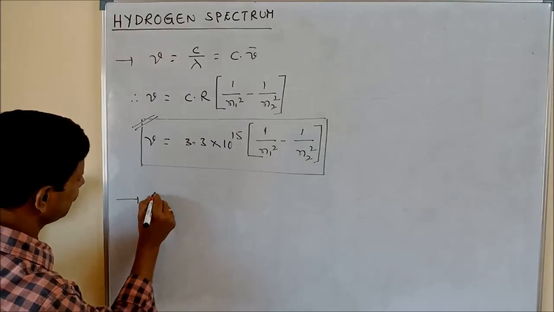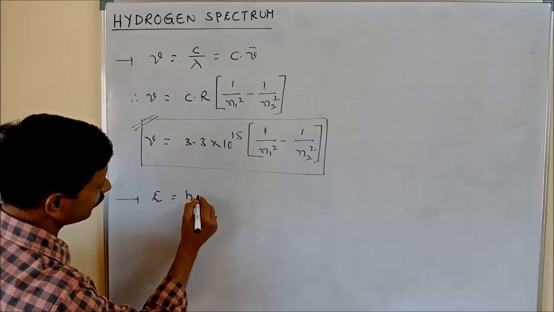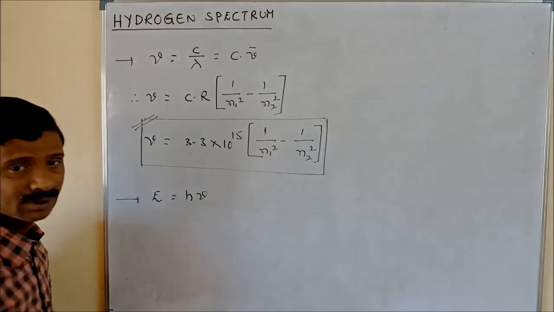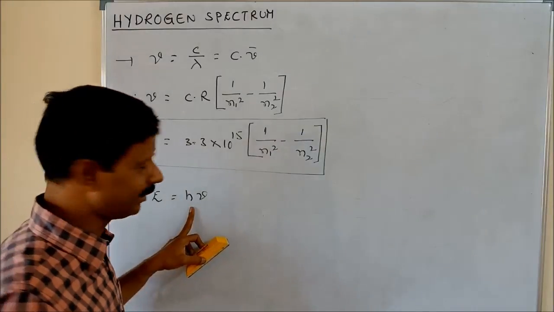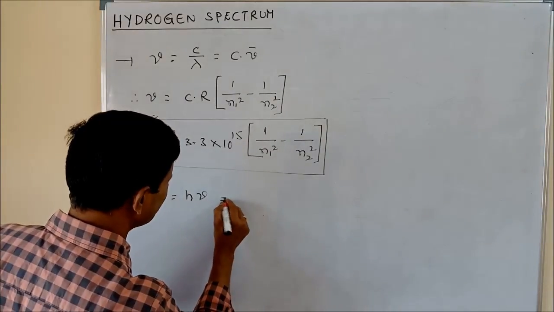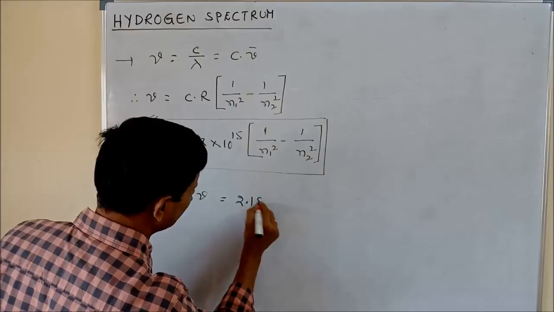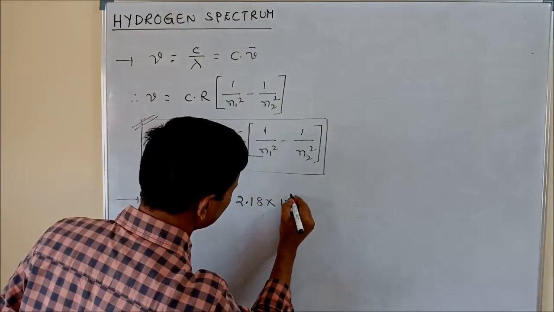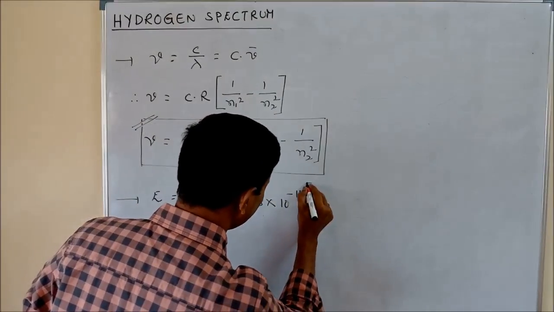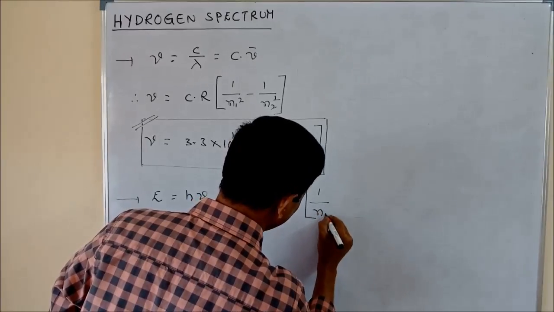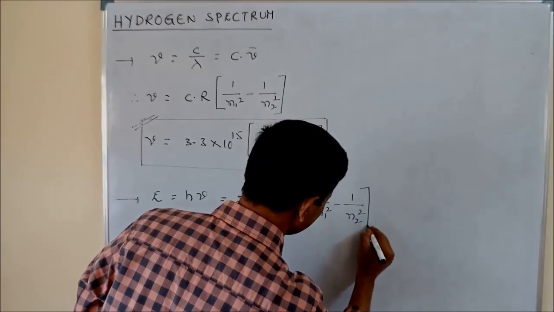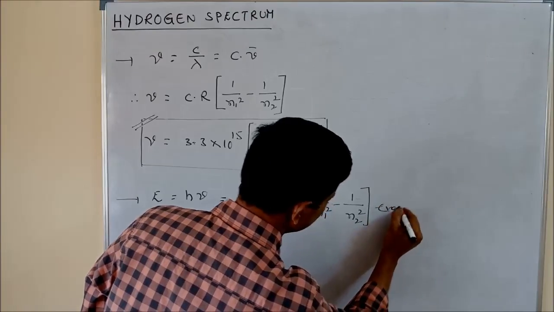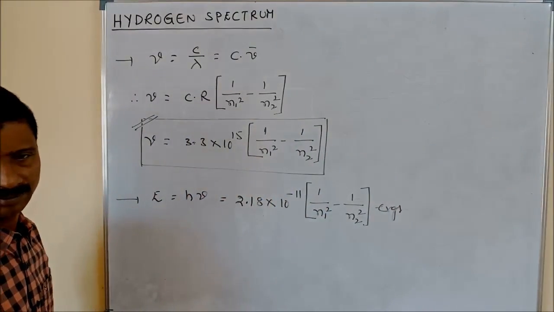Similarly, energy. Here energy equals h nu. Already you know nu. Now just substitute the h value. So here it becomes 2.18 into 10 power minus 11 into (1 by n1 square minus 1 by n2 square) ergs, that is, in the CGS system.